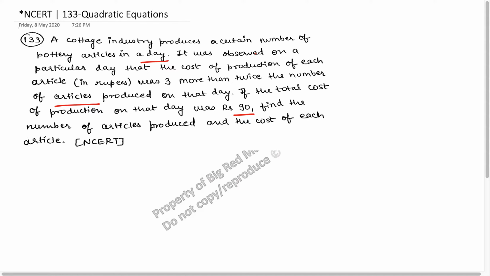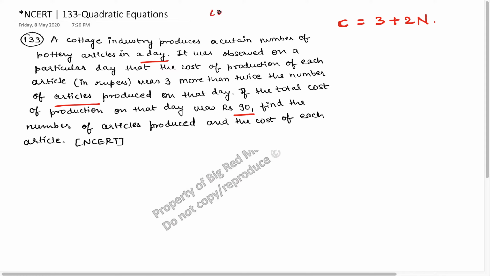This is actually giving us two conditions which we have to solve to get the final answer. So part 1 says, it was observed on a particular day that the cost of production of each article, let the cost be C, was 3 more than twice the number of articles produced.